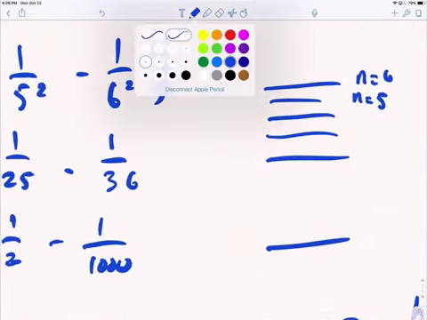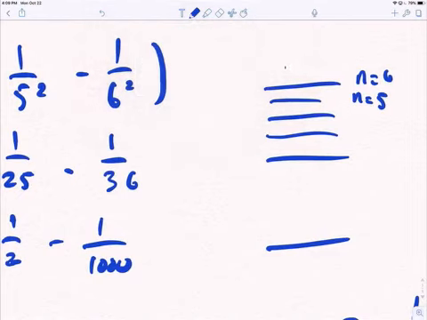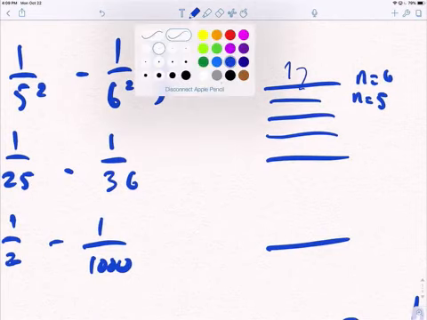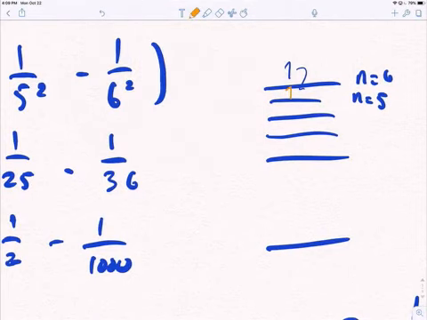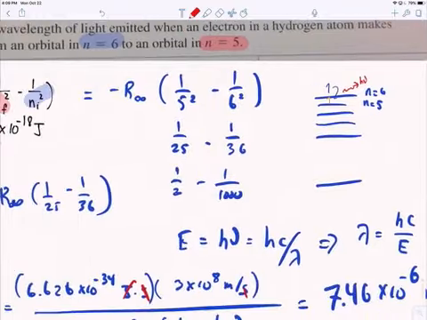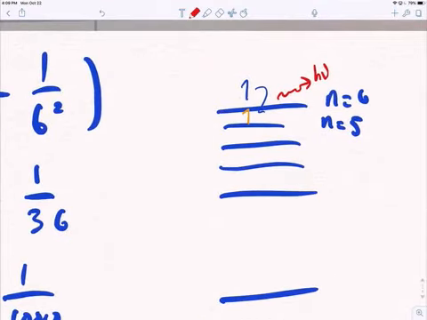The electron is going from n equals 6 down to an n equals 5 level, and when it does so, it's going to emit a photon. Of course, it's not visible, but I know it's infrared. And the energy loss, so the electron is losing energy.